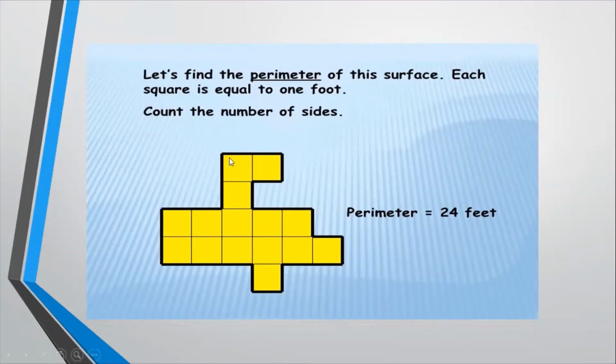No, you have to look at the squares. Here is one square, so 1 2 3 4 5 6 7 8 9 10 11 12 13 14 15 16 17 18 19 20 21 22 23 and 24.